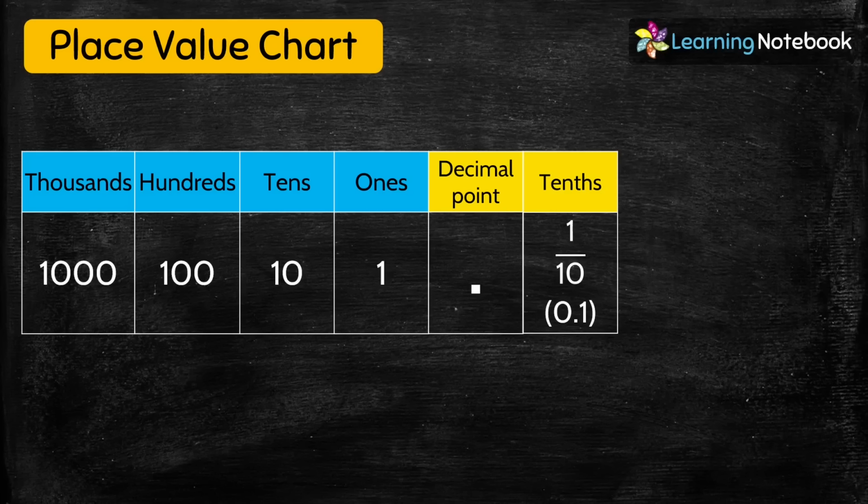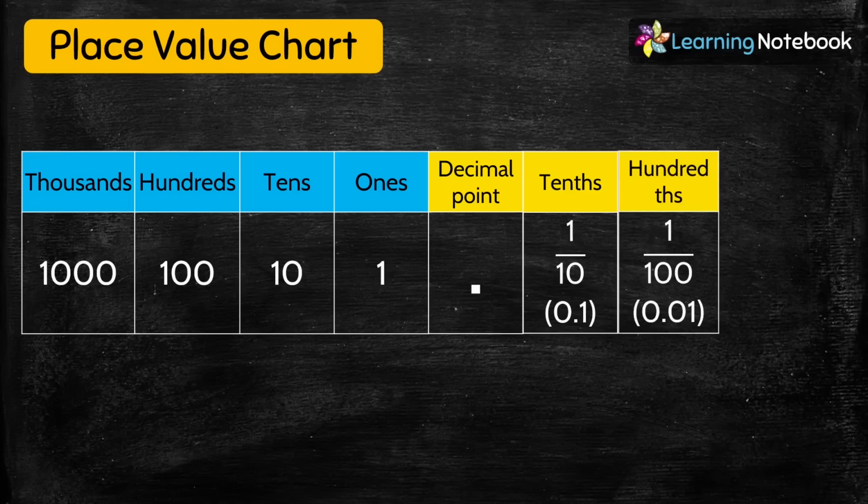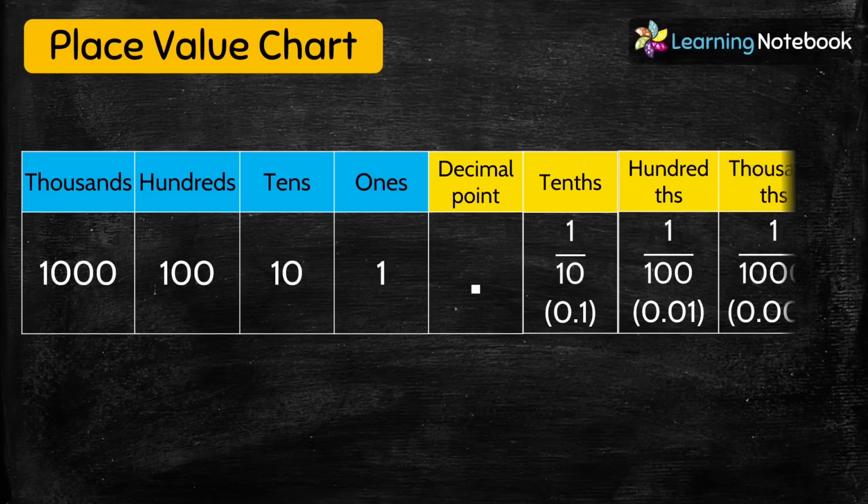After that, there is hundredths place, which is 1 by 100 or 0.01. And next is thousandths place, which is 1 by 1000 or 0.001. So this is the place value chart for decimal numbers.